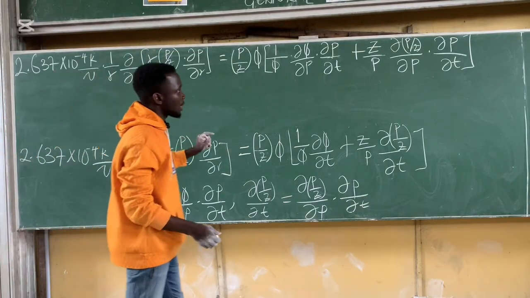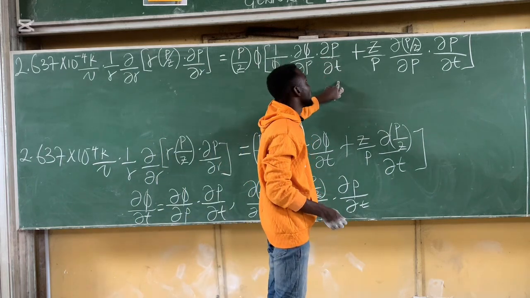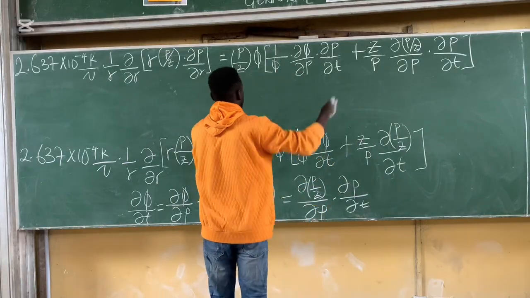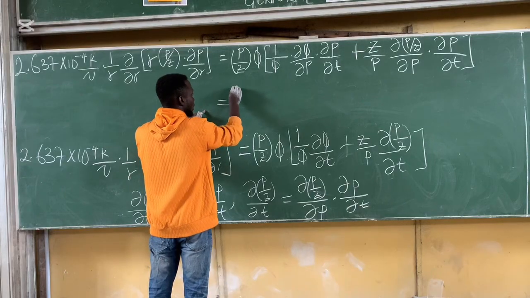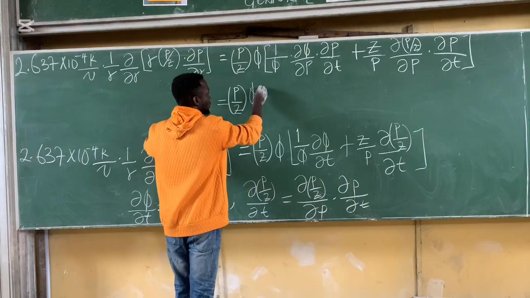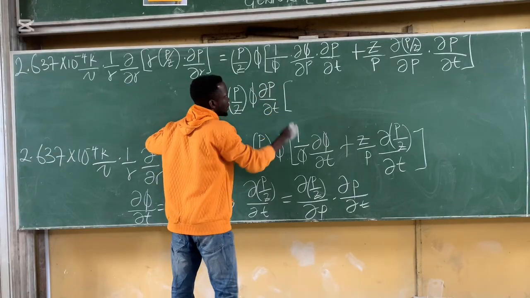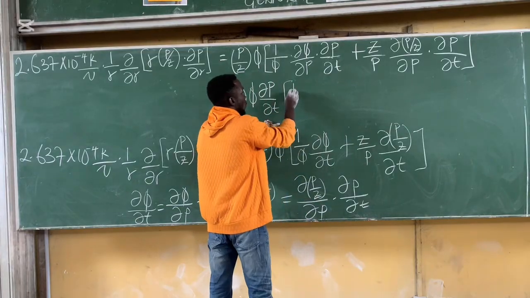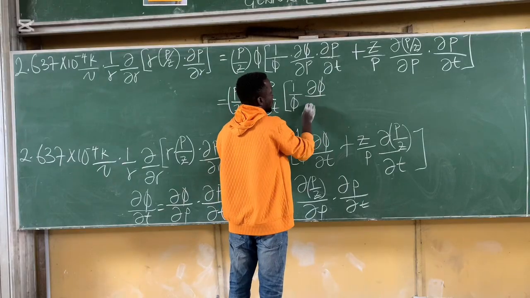Since we have this now, the next step is to factor out dp over dt from the right hand side, which is this side. If we factor out dp over dt, we are going to have p over z into phi into dp over dt in bracket. If you remove dp over dt from here, we are going to have 1 over phi, d phi over dp.